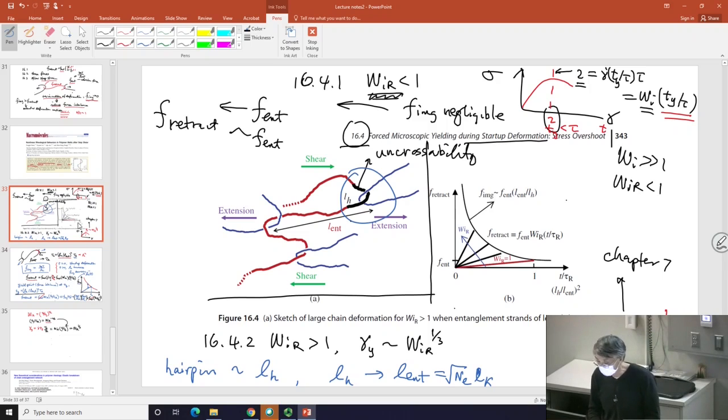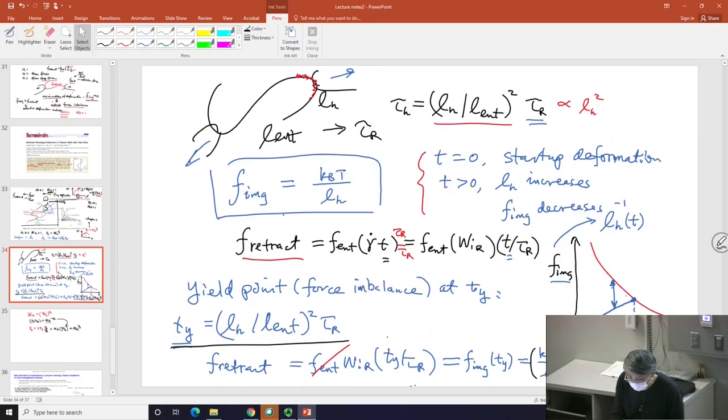In particular, it is argued through this speculation that the force level is determined by the hairpin size through this familiar entropic force scaling.